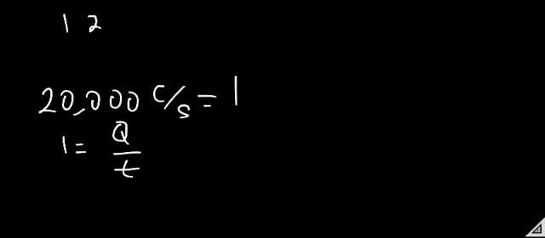Right? So that implies that 20,000 is equal to Q over T. And Q here is unknown, right?